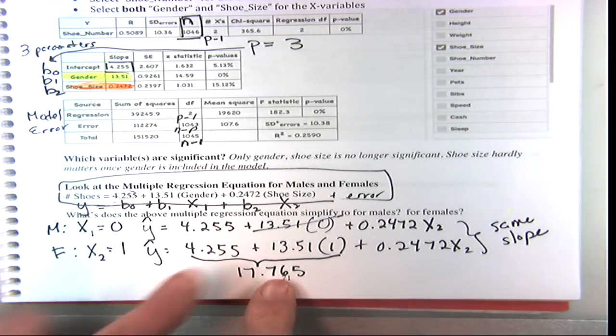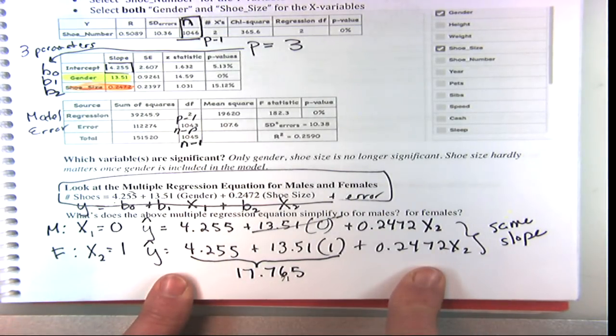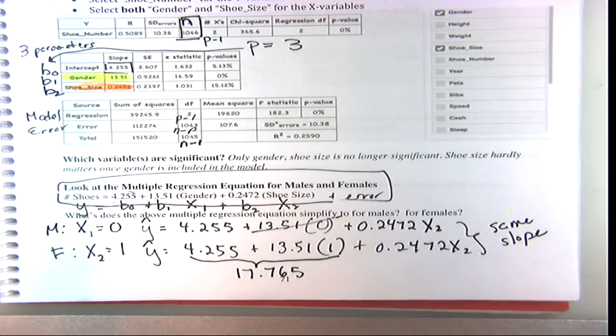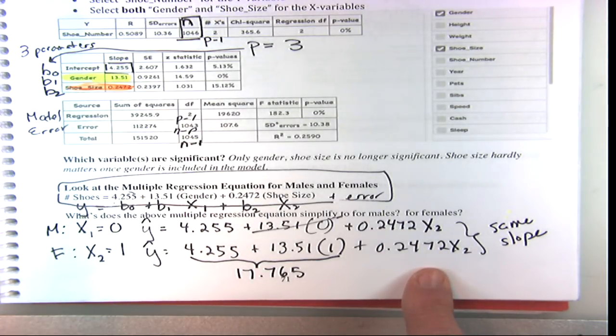As opposed, this isn't exactly the average for males and females, because you'd have to add this on. If you added on the average shoe size for each, you would get the average. These are exactly the same equations we get when we choose equal slopes.